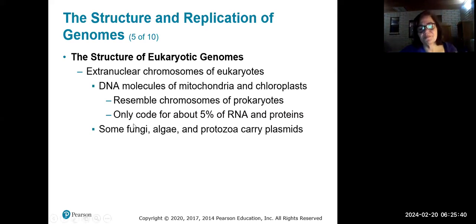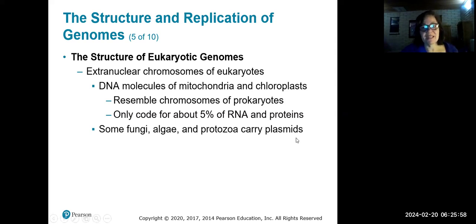What this means is most of the genes that we have are actually in the nuclei, but about 5% of the RNA and proteins gets coded for by these extranuclear DNA structures.